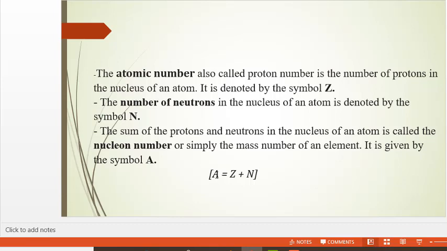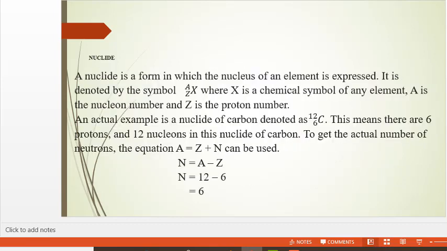Nucleon number or mass number is equal to the sum of protons and neutrons in the nucleus of an atom. All right. Now we have come to the nuclide.